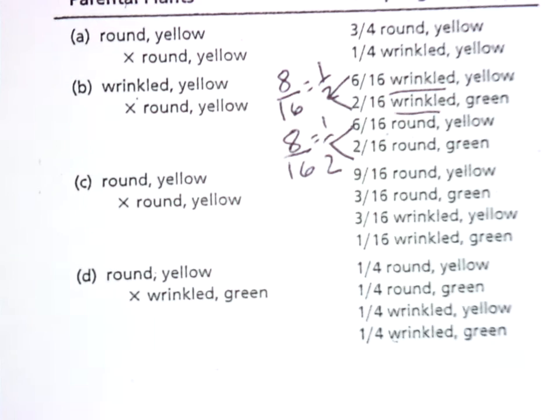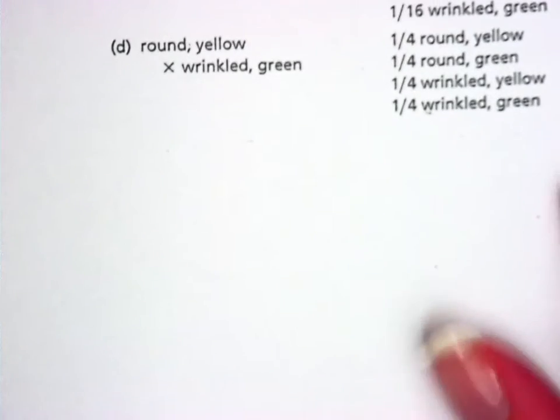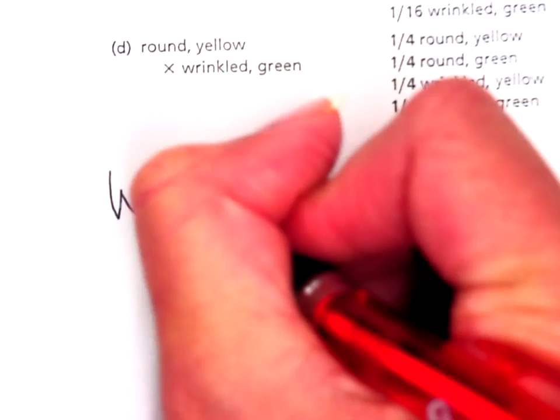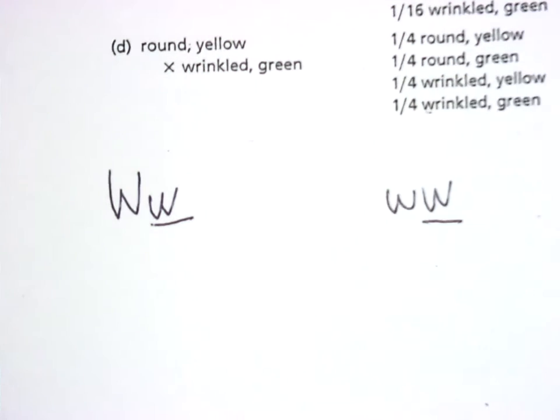So when do we see half of the offspring being wrinkled and half of the offspring being round? Well, we see that when the parents are big W, little w, right?